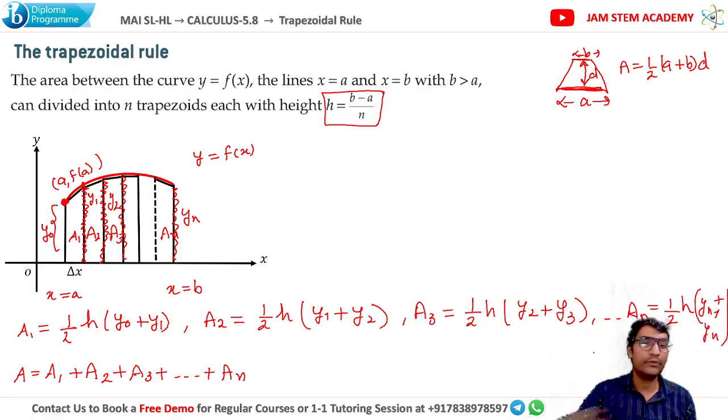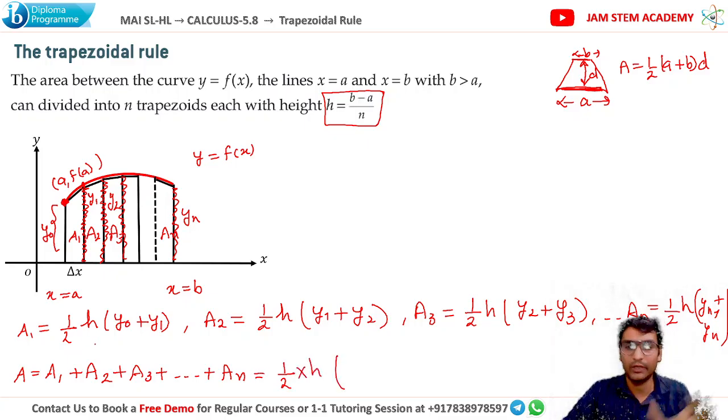Correct? Now, if I have to add up all these, A1 plus A2 plus A3, what can I say? It must be equal to half h common, since half h is common in all of those, so take it out. Now you observe y0 appears once if I add up all these, and yn also appears once.